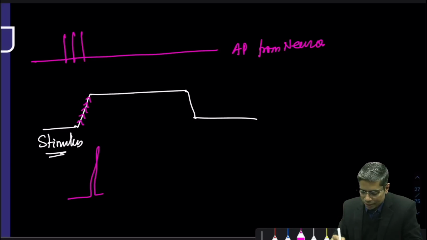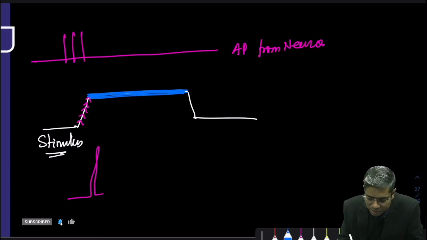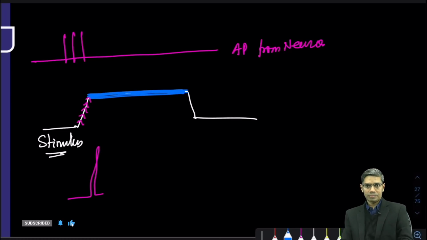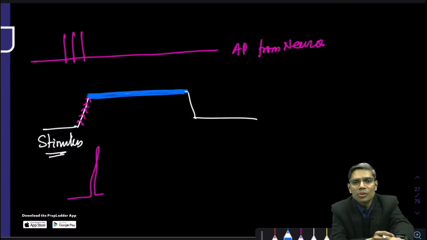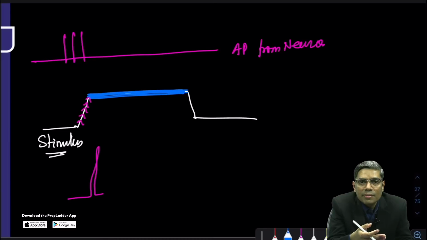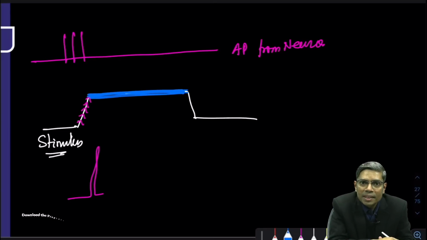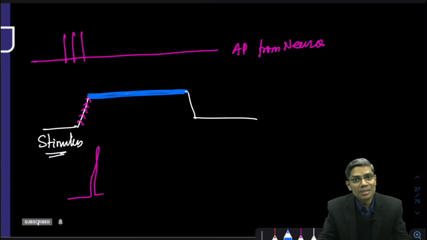Then if I keep this indentation for a long duration, I am holding this touch for a long duration. I say it like this: when you hold the hand of your girlfriend or boyfriend for the first time, you will feel the touch, and that's a very electrical kind of sensation.